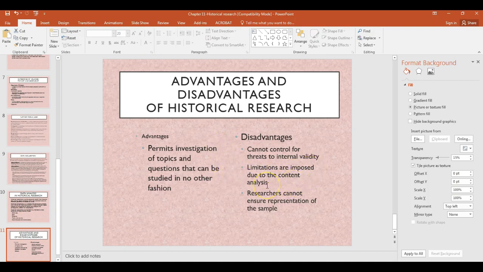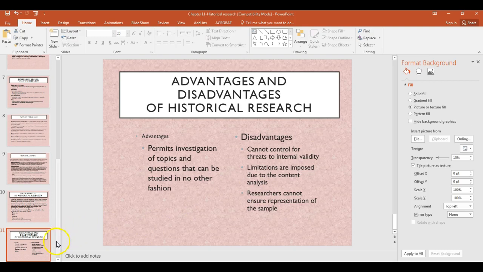Limitations are imposed due to the content of analysis. You're analyzing things based on your personal interpretation, and no matter how much you can do to avoid being subjective, you might fall into this subjectivity. Researchers cannot ensure representation of the sample. Again, it's whatever you found, that's what you are working based on.